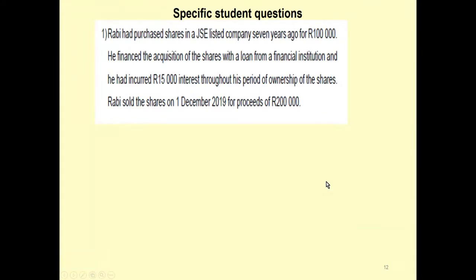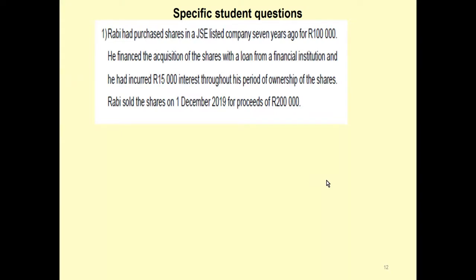So we have a taxpayer, a natural person. I don't have the entire question on the screen, who had purchased shares in a JSE listed company 7 years ago for 100,000 Rand. He financed the acquisition of the shares with a loan from a financial institution, and he had incurred 15,000 Rand interest throughout his period of ownership, and he sold the shares on the 1st of December 2019 for proceeds of 200,000 Rand.